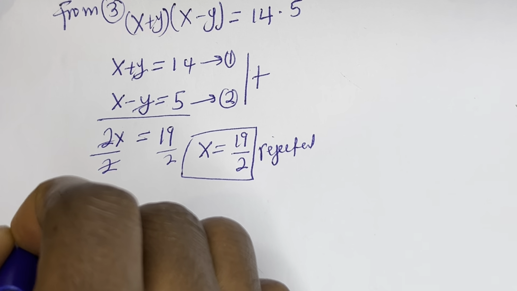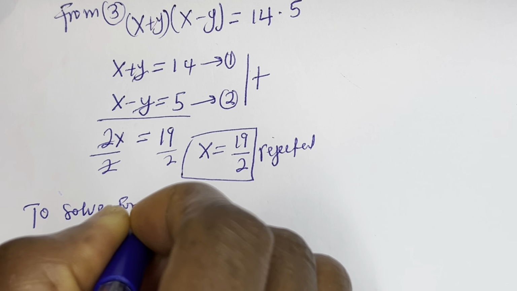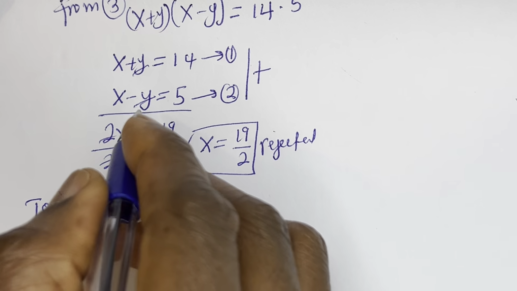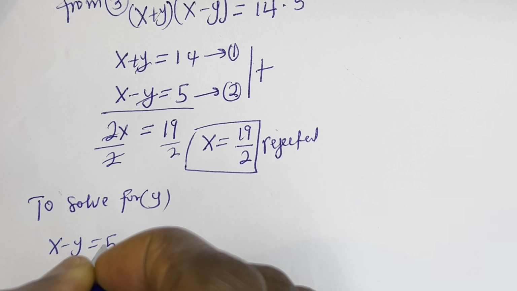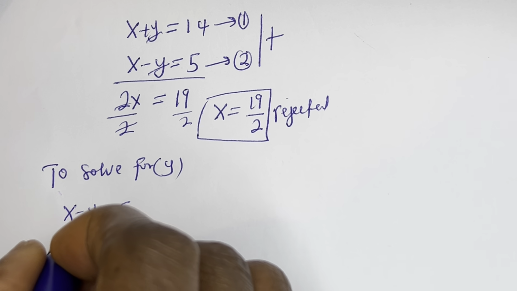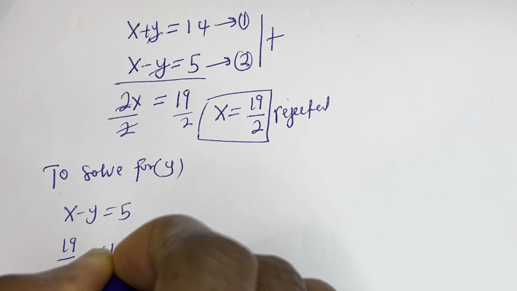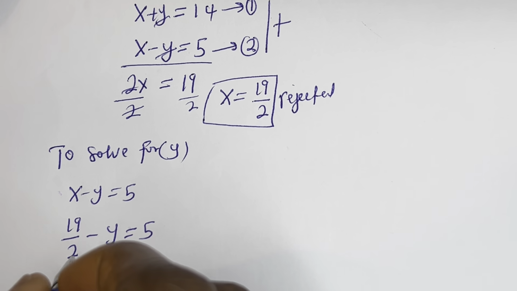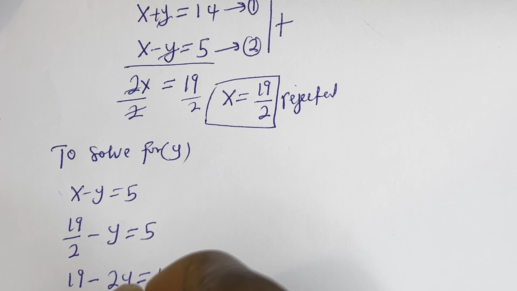Then to solve for y, let's use equation 2. x minus y is equal to 5. Then 19 over 2 minus y is equal to 5. 19 minus 2y is equal to 10.